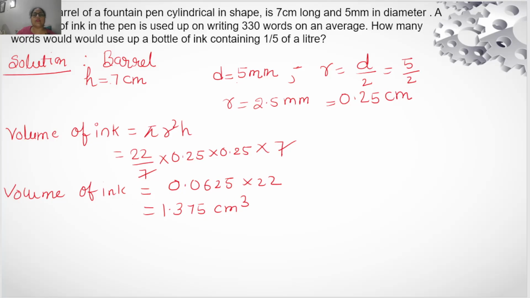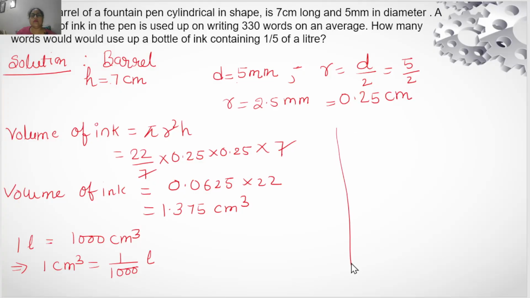centimeter cube. Now you just understand one very important thing, that 1 liter equals 1000 centimeter cube. That is, if I talk about 1 centimeter cube, it is 1 upon 1000 liter, right? So how much ink in liter is there? If you see, we have 1.375 centimeter cube.